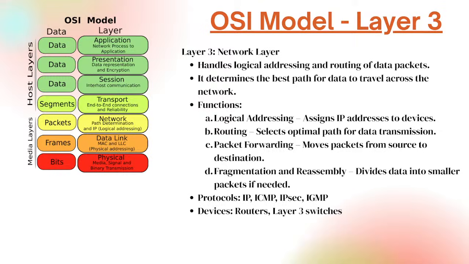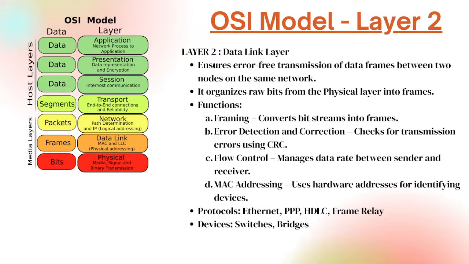Now moving to the next, which is very important, the data link layer, a very important layer in the OSI model. The data link layer is the second layer of the OSI model. It is responsible for reliable transfer of data between two devices on the same network, and it ensures error-free transmission of data frames. It organizes raw bits from the physical layer into frames.